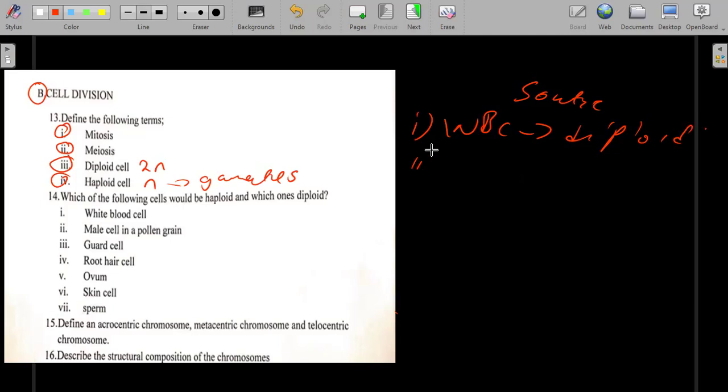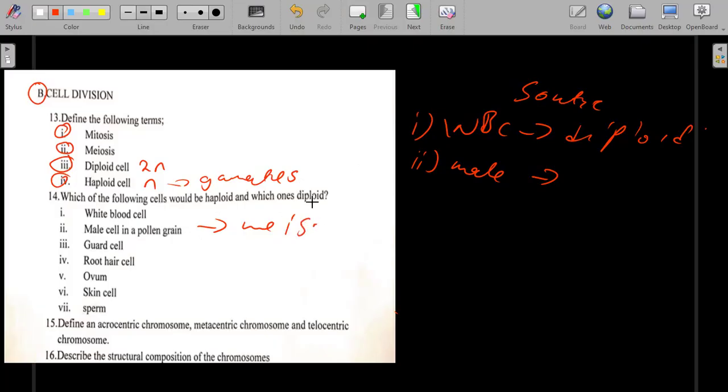Which is male cell in pollen grain. So here we have a male cell in pollen grain. For part 2, it's a type of cell which will divide by meiosis. Remember, for pollen grain, this one will undergo what we call meiosis.